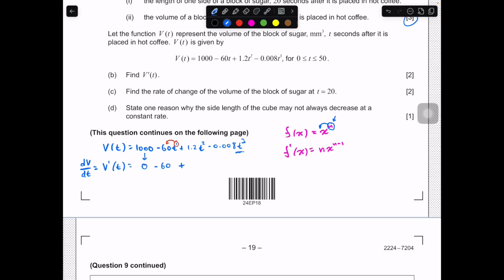Let's go on to our next term, and this should probably be a little more familiar now. Let's take this squared, so we see t raised to the power of 2, multiply it out in front. 1.2 times 2 gives us 2.4. t used to be raised to the power of 2, take 1 away, now it's t to the 1, which we can just leave.